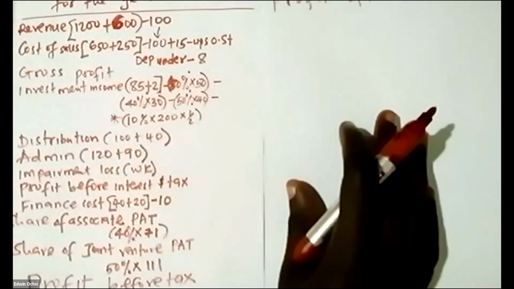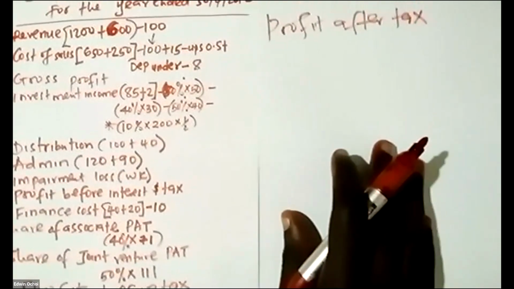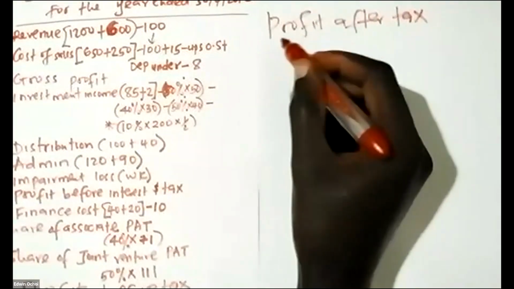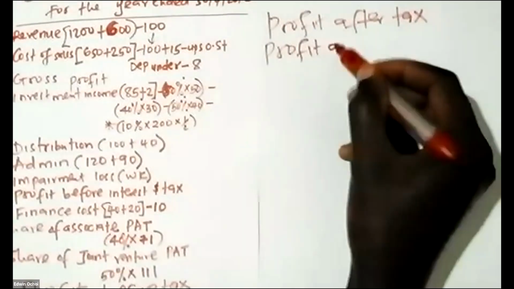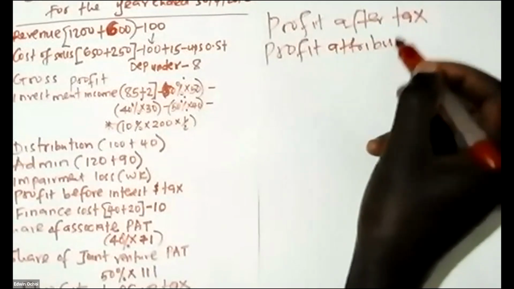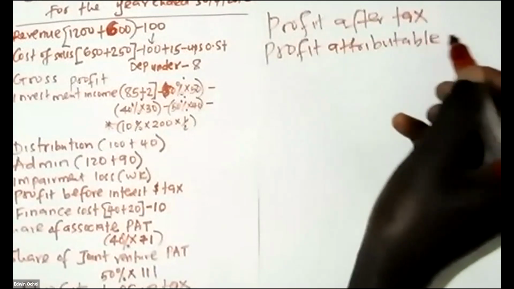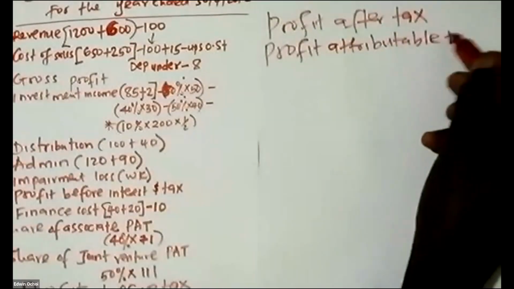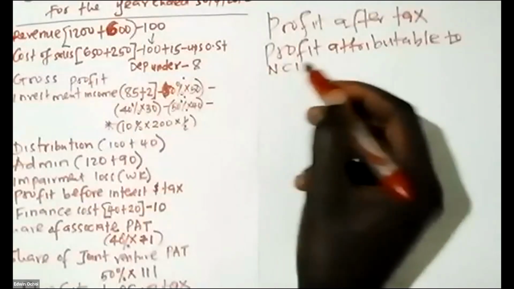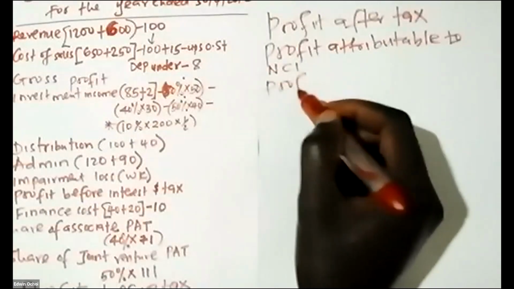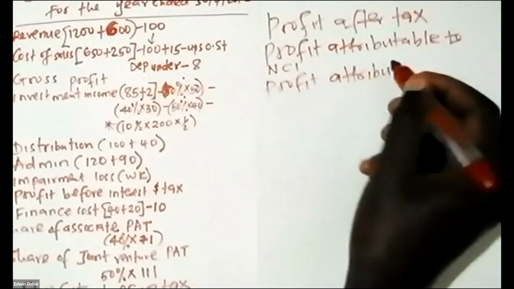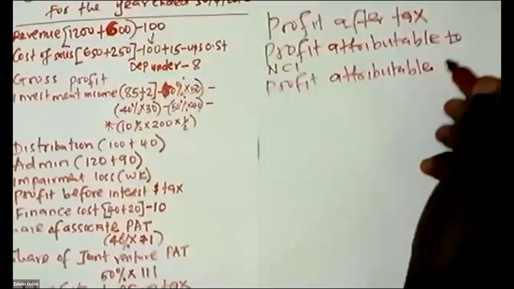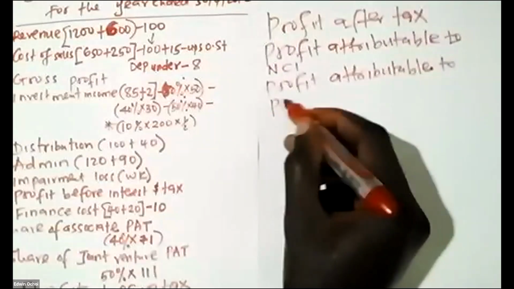So once I have the profit after tax, then the parent will share some profit to the NCI, profit attributable to NCI. So that the balance remaining is for the parent, profit attributable to parent.